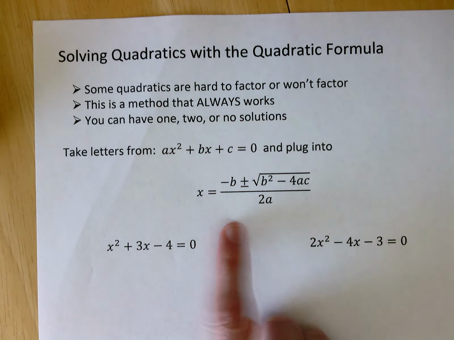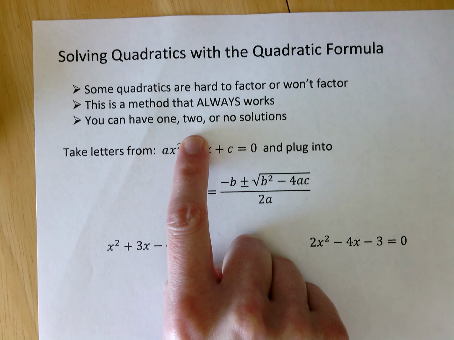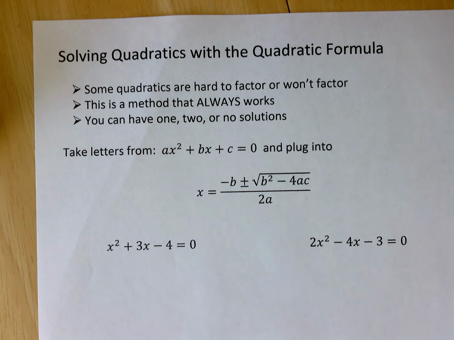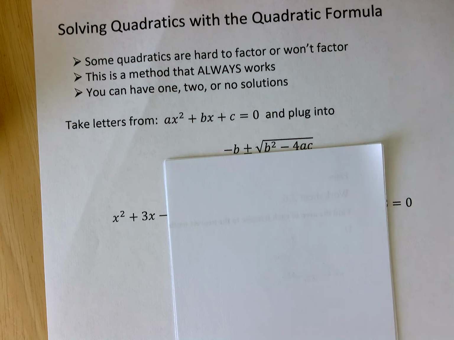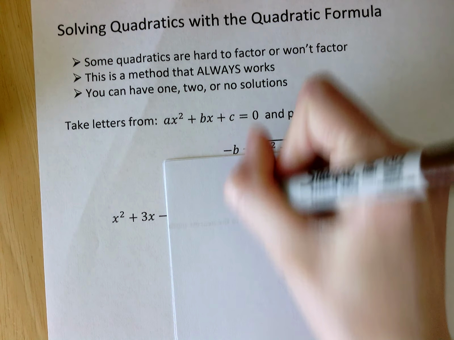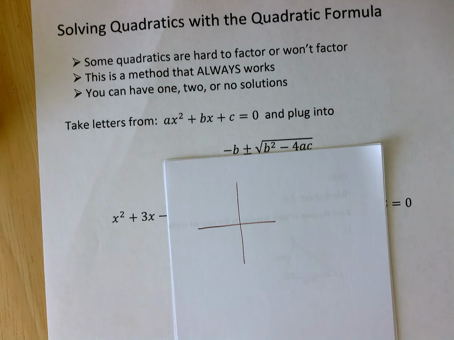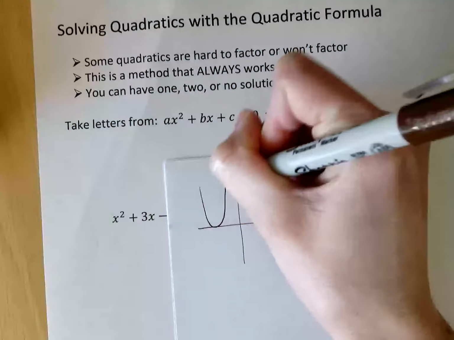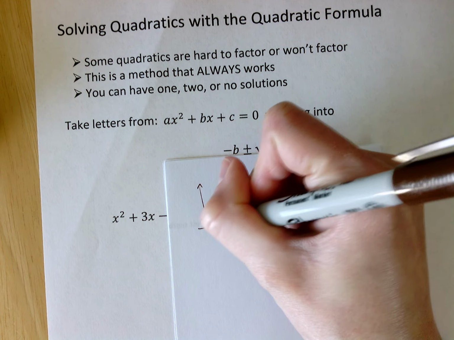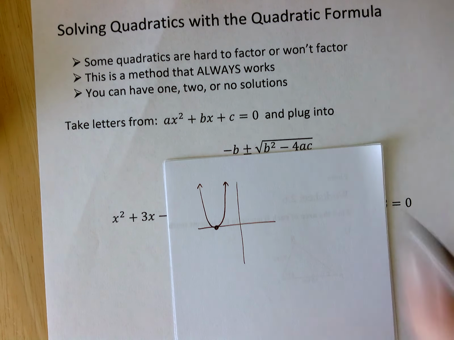When you solve with the quadratic formula, you can have one solution or two solutions or no solutions, okay? And that should kind of make sense because, again, we're looking for those points where your quadratic, your parabola, crosses the x-axis, right? Well, think about it. I could have a parabola that comes down and bounces off the x-axis and then keeps going. That would be one solution.